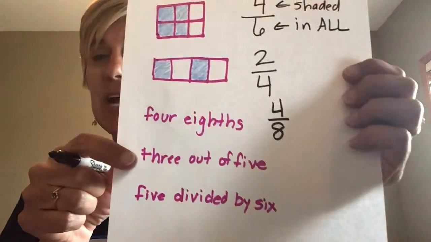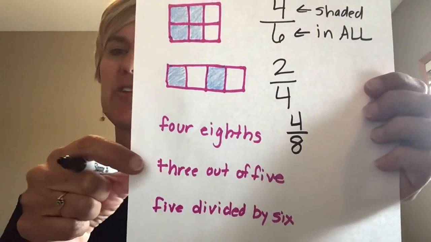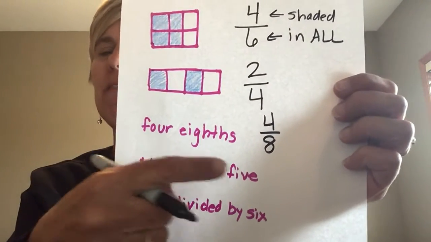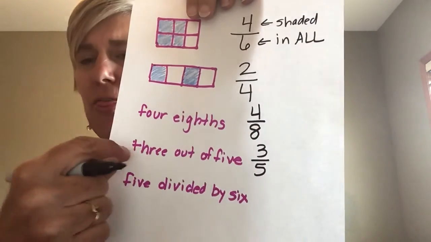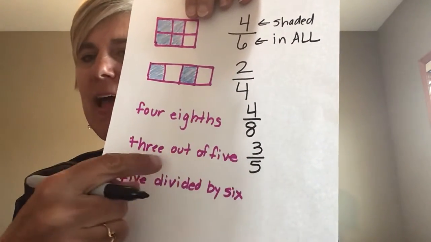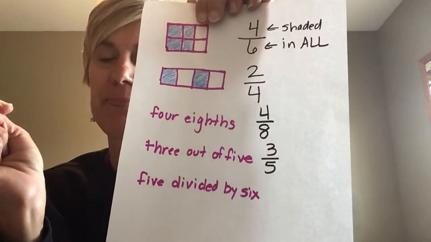The next one, though, is kind of different, and a lot of times kids don't catch this at first, but 3 out of 5. If you were saying that 3 out of the 5 dips of ice cream in your bowl were vanilla and the other 2 were chocolate, you write this as a fraction, 3 going on top out of 5, and so the 5 is written as the denominator on the bottom.